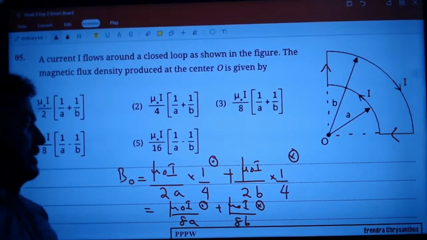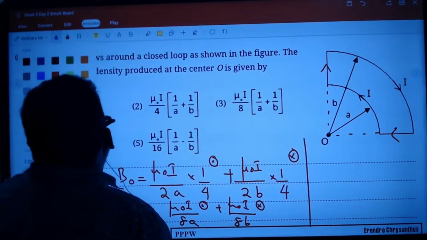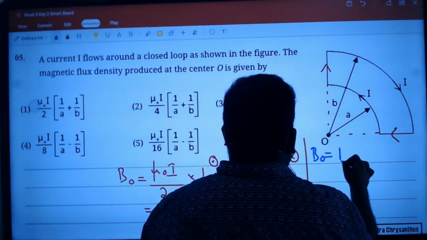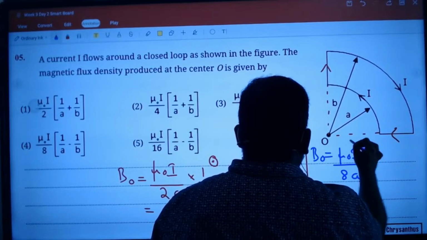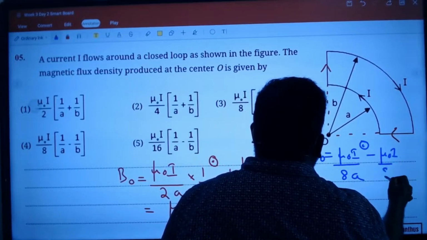Bring all vectors in the same direction. B naught is equal to mu naught I divided by 8A, change the direction, minus mu naught I over 8B.